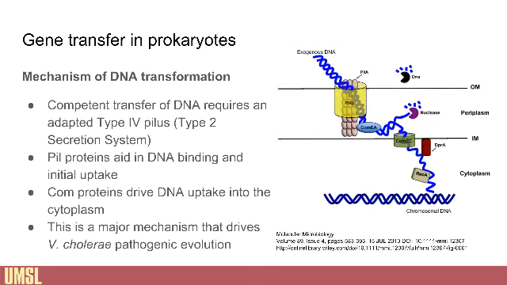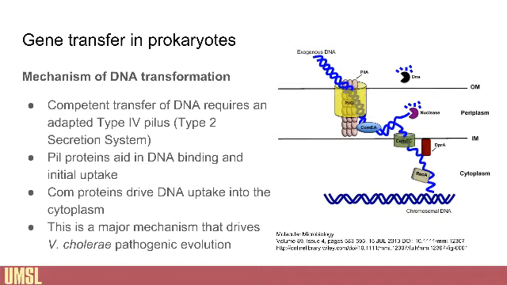So the outer membrane components of this system are essentially type 4 pili pieces. And the internal parts are sort of a hodgepodge of different homologous pieces from different types of systems that are now adapted to take up DNA instead of certain proteins, for example.